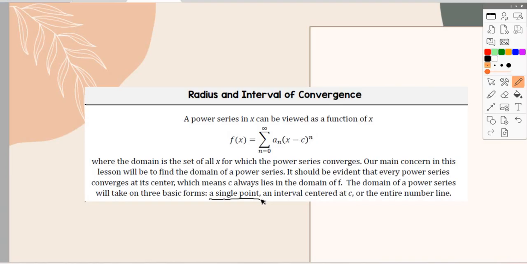Sometimes there will be an interval centered around c. So I could have stuff on either side, but c will be the center of that interval. And then sometimes, if it's convergent everywhere, you will get the entire number line, so negative infinity to infinity. We really like those because they're nice to deal with, since we don't have to worry about restrictions on when it's convergent or not.